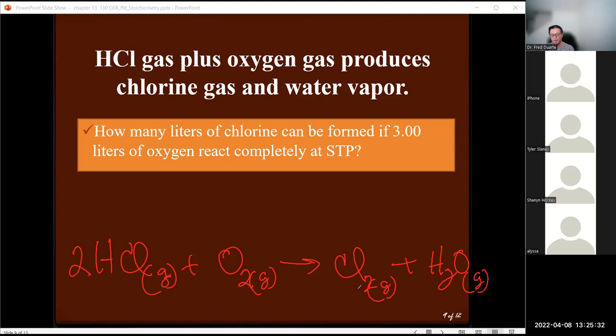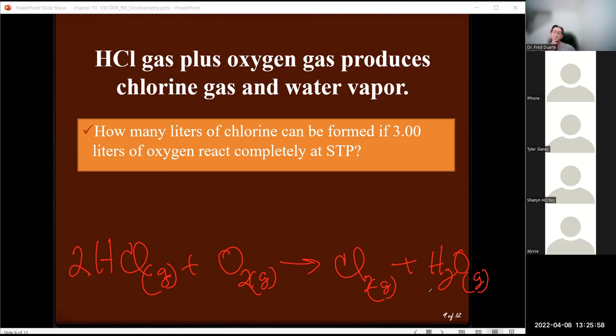That takes care of the chlorides, the Cls. That also takes care of the hydrogens, I should say. But then I have 1 oxygen. So what can I do? Any suggestions?